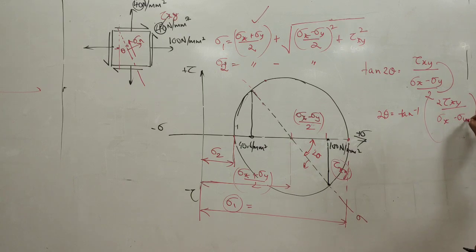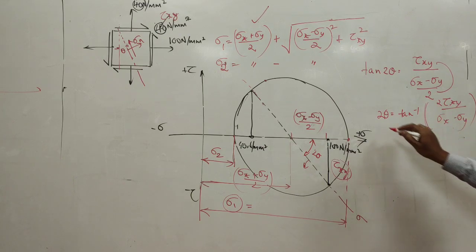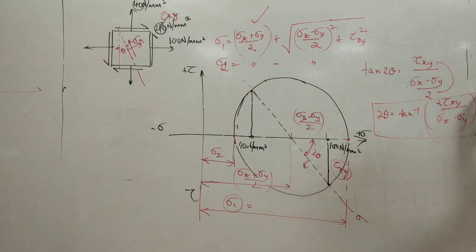Sigma x minus sigma y by 2. So like this, you can find out the value of this theta here. Okay.